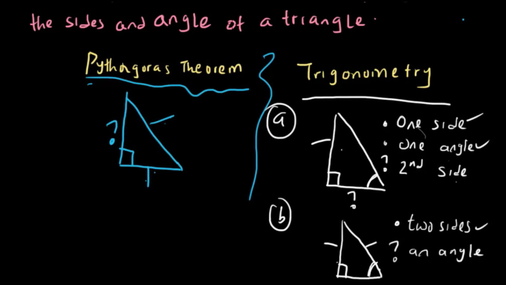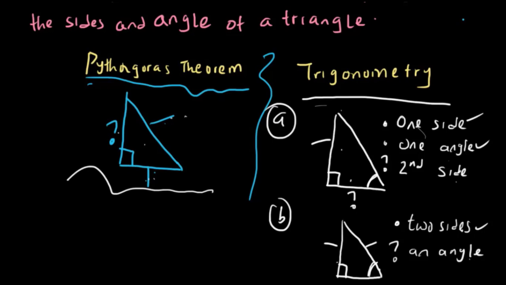So do you understand? We use Pythagoras' theorem in a right angle triangle when we know two sides and we are told to find the third side. Then we use trigonometry in a right angle triangle when we know one side and one angle and we are told to find the second side, or we know two sides and we are told to find an angle.